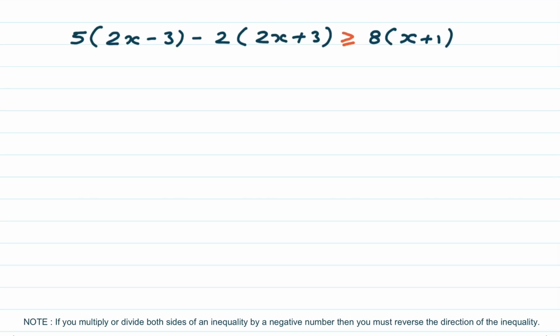In this question, we need to expand the brackets. So 5 needs to be multiplied with both the terms 2x and minus 3.